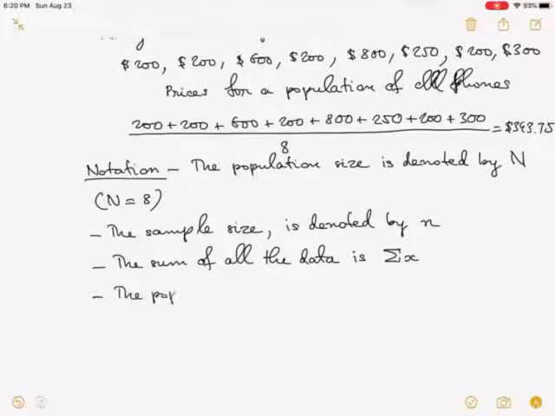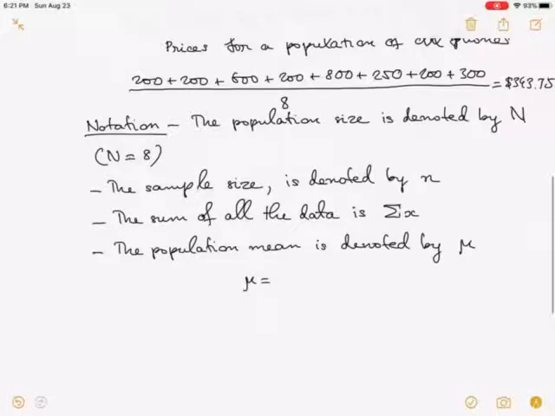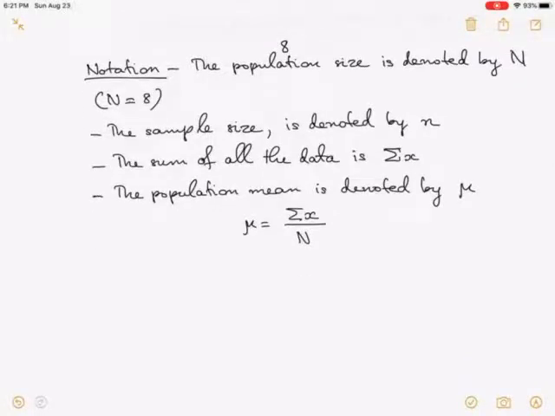The population mean is denoted by mu. So mu will be the sum of x over capital N. The sample mean is denoted by x bar.